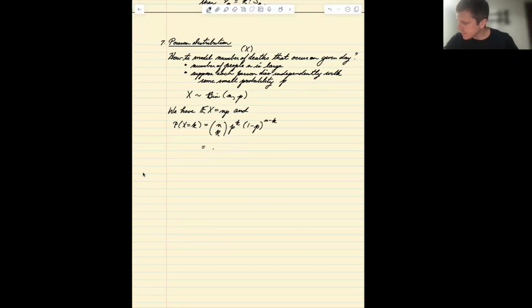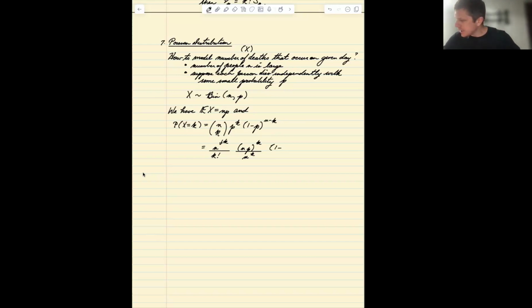I'm going to put an extra n in here: n times p to the k. In order to make that work, I have to take n to the k on the bottom, so I'm multiplying by 1 effectively.